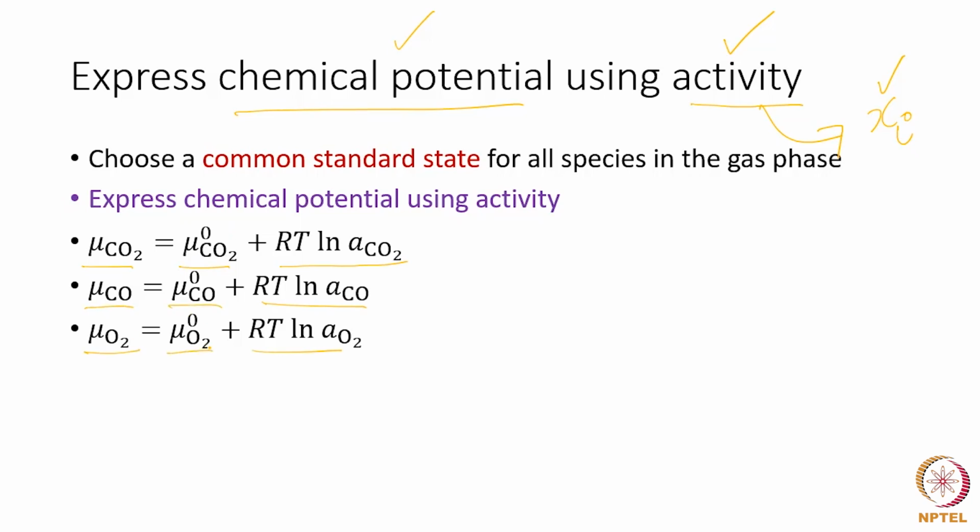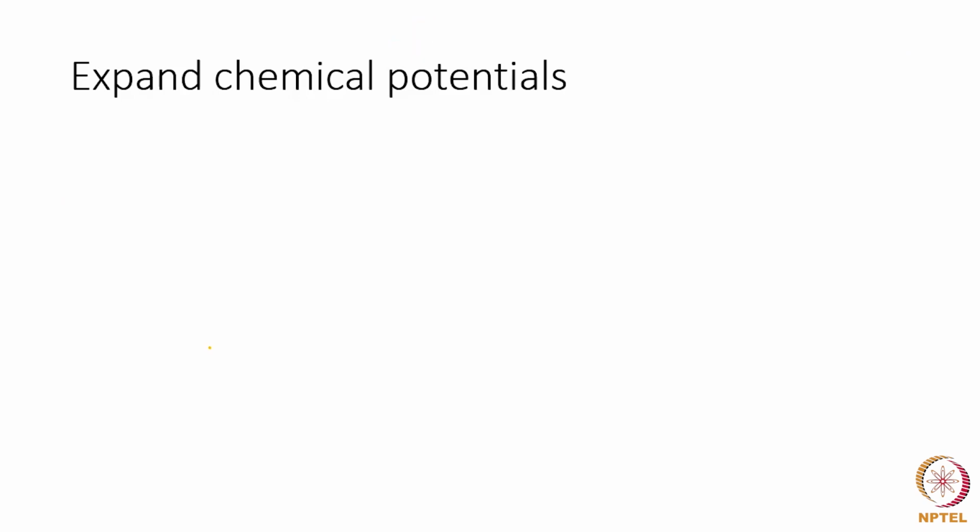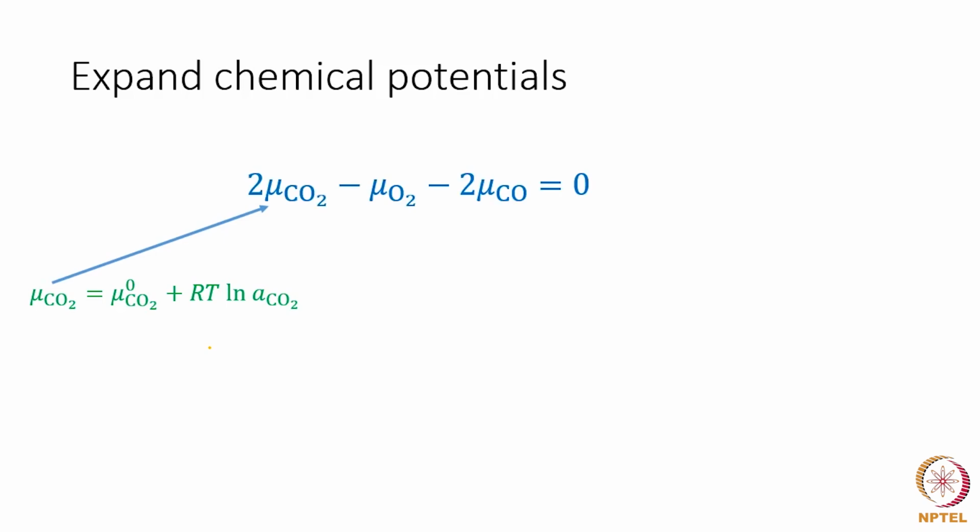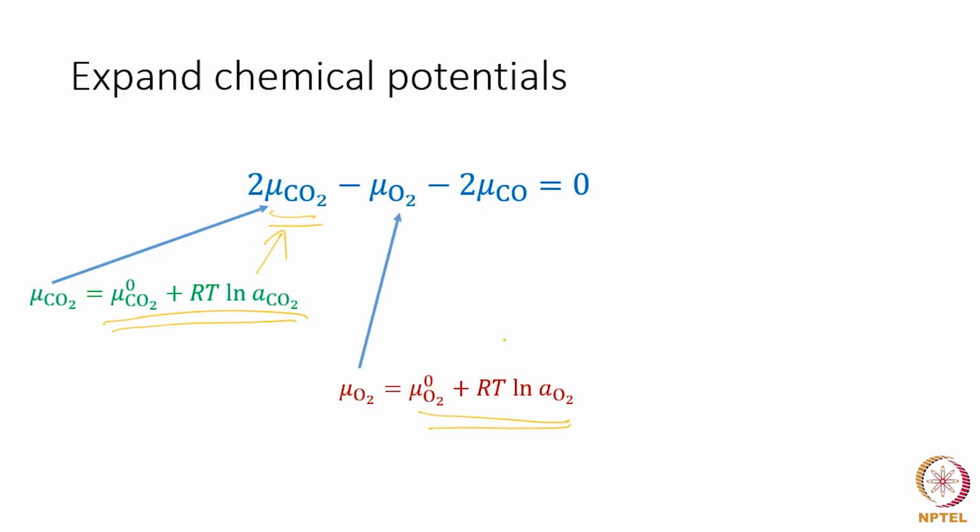Once we have them written like that, we can put these into the reaction equilibrium condition. We take the first expansion of the chemical potential that we have written and substitute it into the reaction equilibrium condition. Wherever we saw mu CO2, we substitute this quantity, wherever we saw mu O2, we substitute this quantity, and wherever we wrote mu CO, we substitute that.